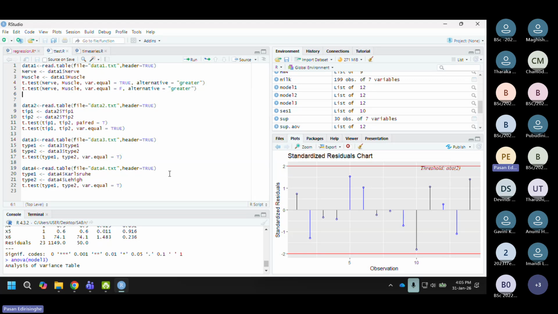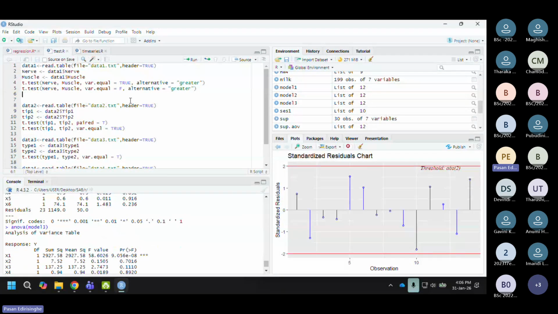With that, we can end our discussion on the R software, and then we can go to our next thing. You can just go ahead and work on the R software, and you can get some idea.